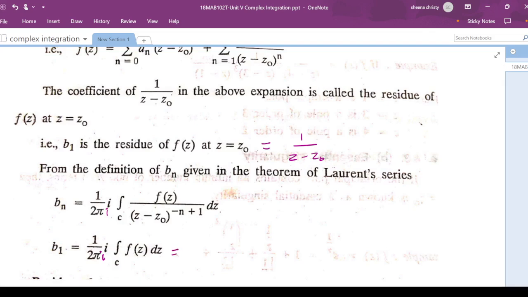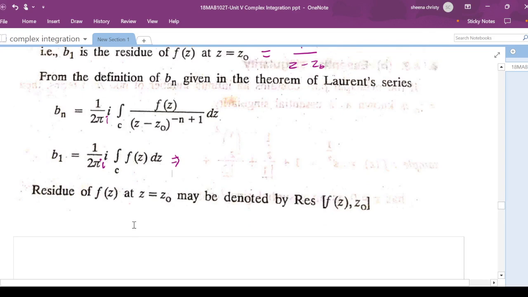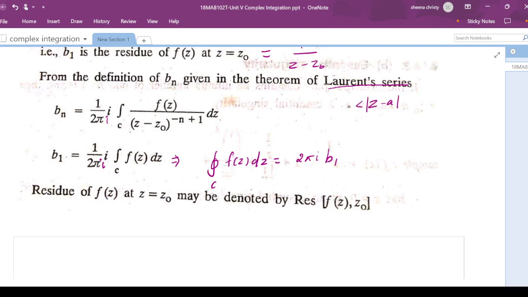From this we can say that the integral over C of f(z) dz equals 2 pi i times b1. Here the contour is defined over the Laurent series, and we know that the Laurent series, and the function, is defined in an annular region.